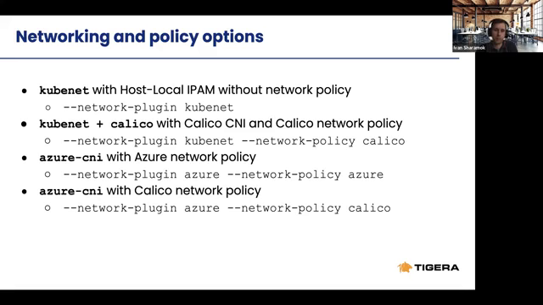It's worth mentioning that once you build the cluster, you cannot turn policy on and off on demand or add the policy capabilities on demand. So that's a decision that you need to make before you build your AKS cluster.